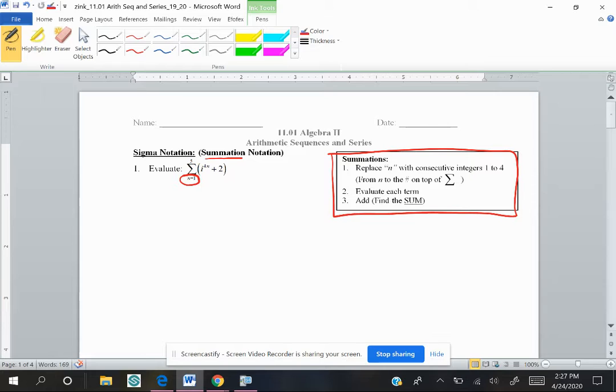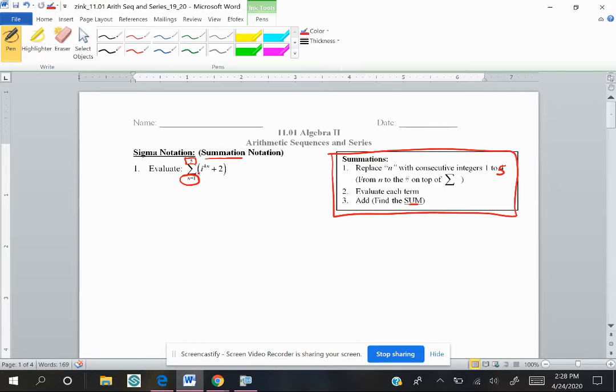We're going to stop at whatever number is on the top, and we're going to substitute them in and go up by ones each time. So consecutive integers from 1 to whatever number it stops at. So 5, we're going to end at 5. And so this should be a 5 there too, from n to the number on top of the summation. Then we're going to add up all of those together, hence the term summation.